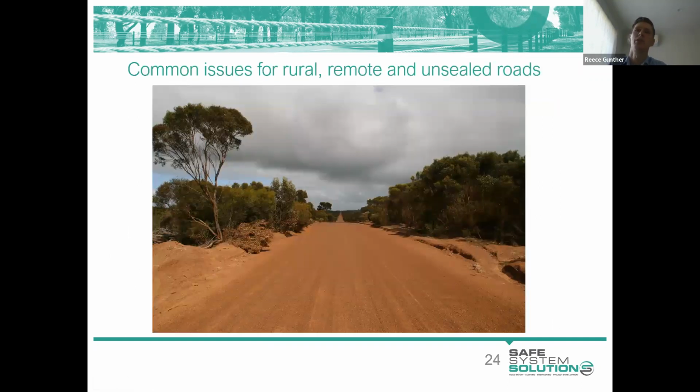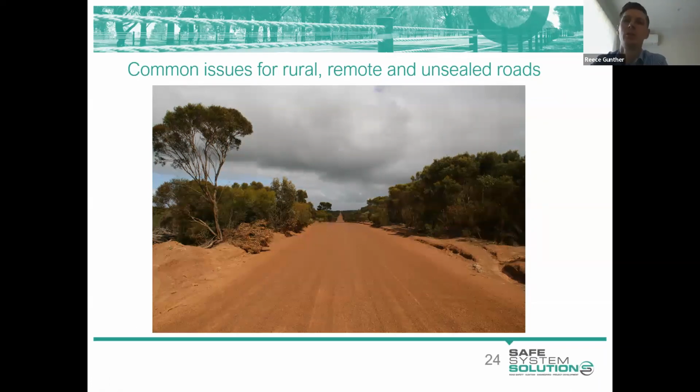Okay, moving on to another common issue for rural and remote and unsealed roads. Now, I do a lot of audits, both here in Australia and internationally, and we come across a number of issues.